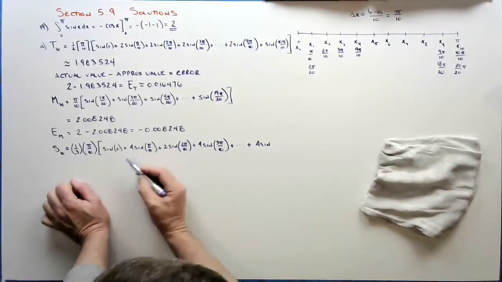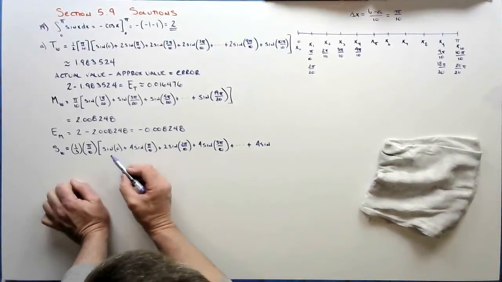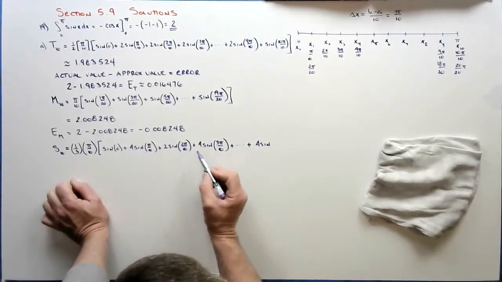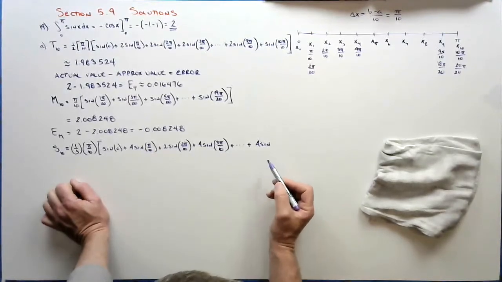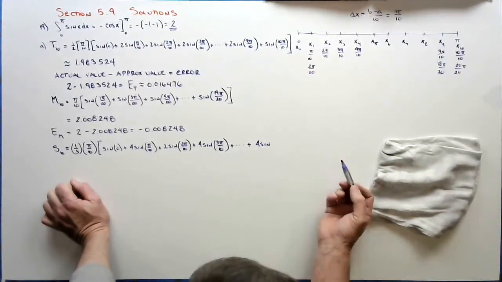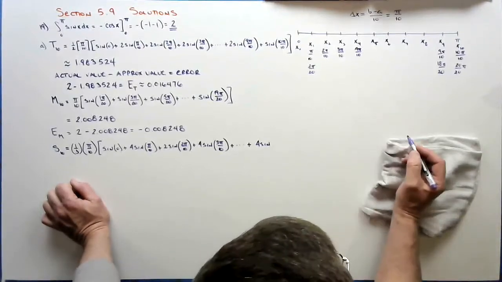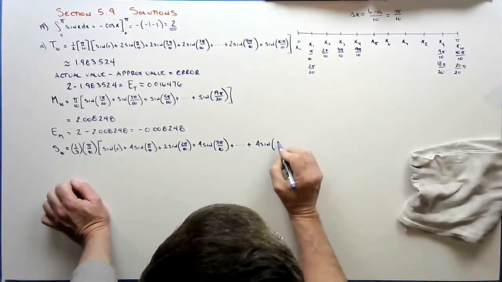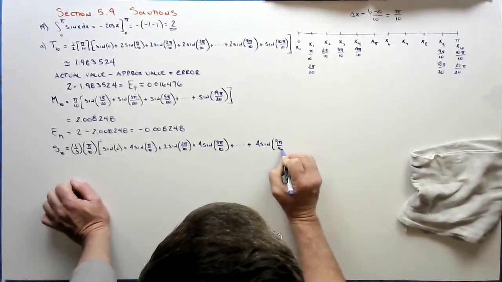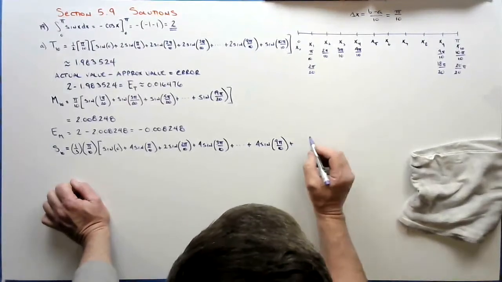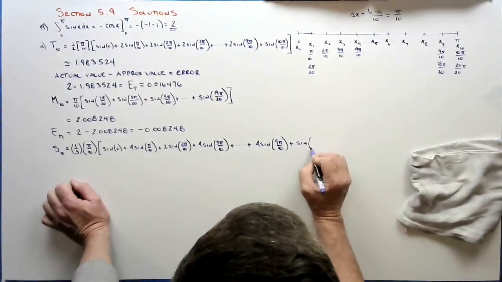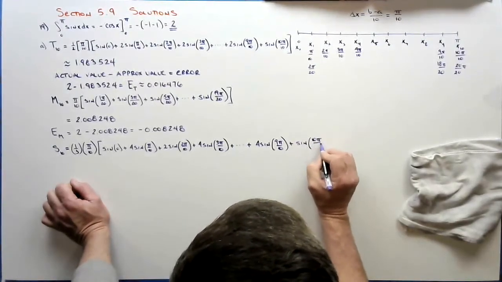Remember, this is symmetric, so it's 1, 4, 2, 4, 2, 4, 2, 4, 1. So 4 times sine of 9 pi over 10 plus 1 times sine of 10 pi over 10.